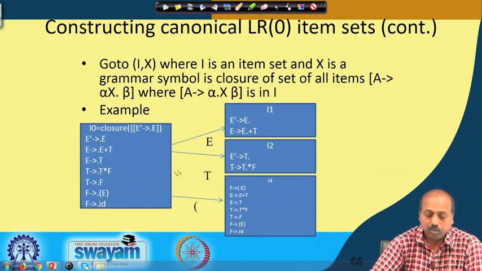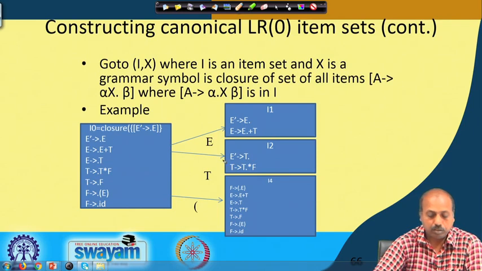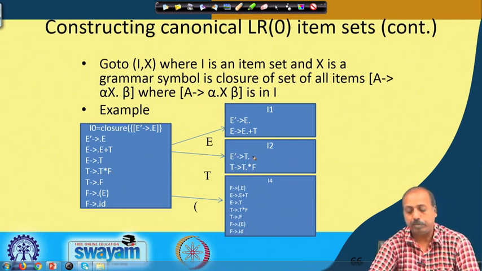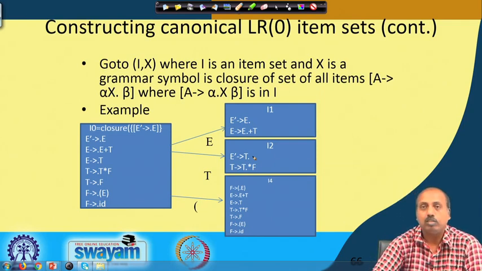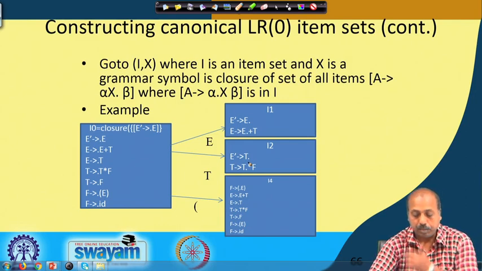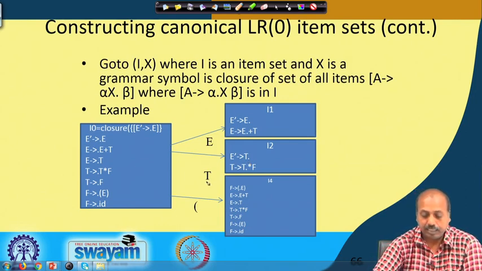What about I2? I2 is on T. Similarly we will get, this should not be E', this should be E. So, E producing T ., and from this rule T producing T . star F, and again we do not have any non terminal after the dot. So, the closure does not have anything, only these two items survive.